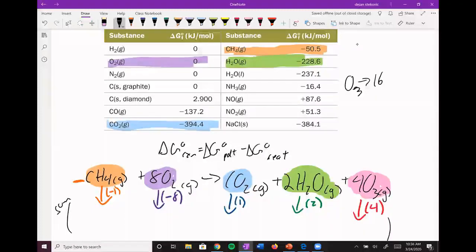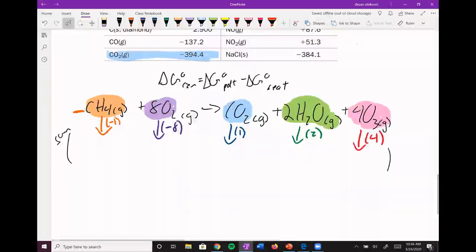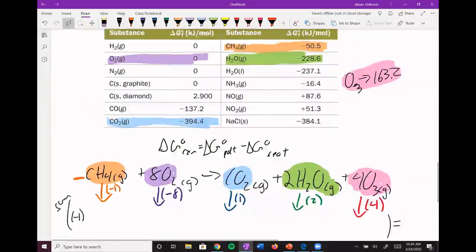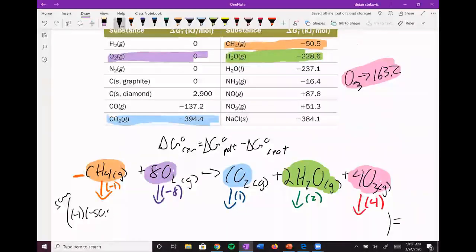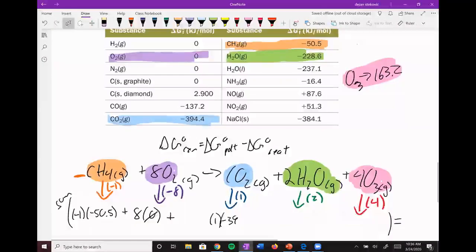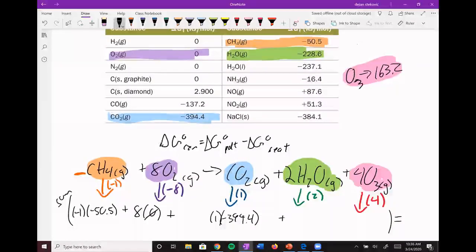O3's value should be 163.2. So obviously in a problem you'd be given this value. And then you just plug and chug to get the final answer, summing all of them at the end. So you have -1 times this -50.5, plus 8 times 0, plus 1 times -394.4, plus 2 times -228.6, plus 4 times 163.2.